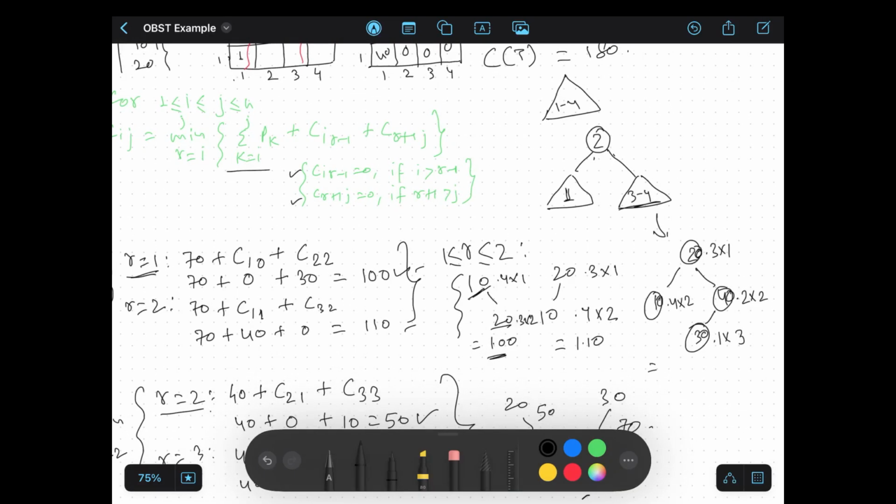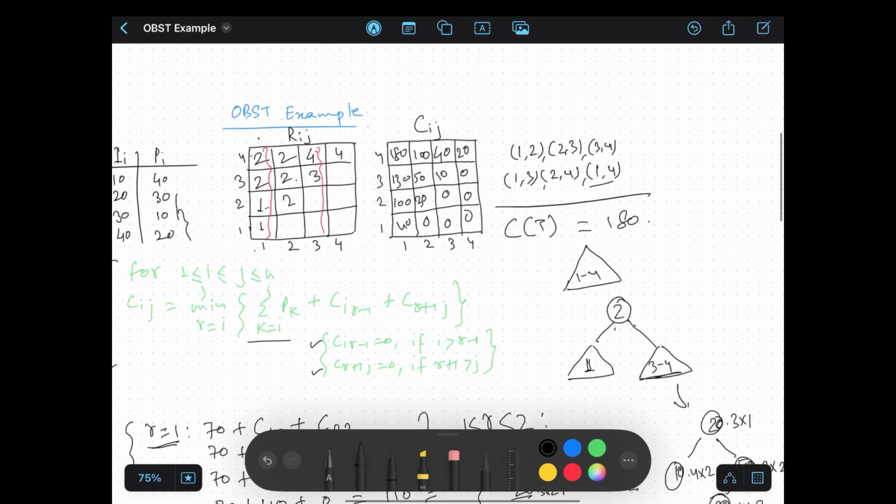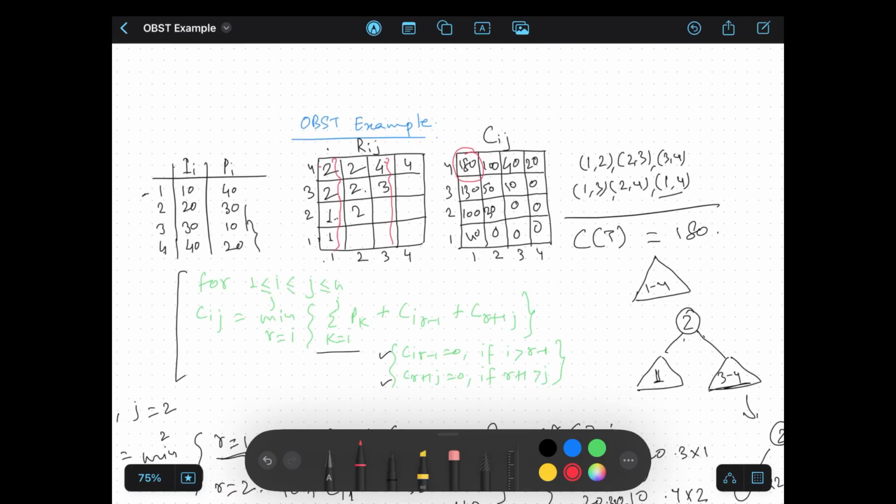If we calculate all these, this comes out to be 0.3 plus 0.8 plus 0.4 plus 0.3, which is 1.80, or the cost is 180, which actually matches our cost. So that's how we are going to calculate an optimal binary search tree when we are given items and their probabilities.